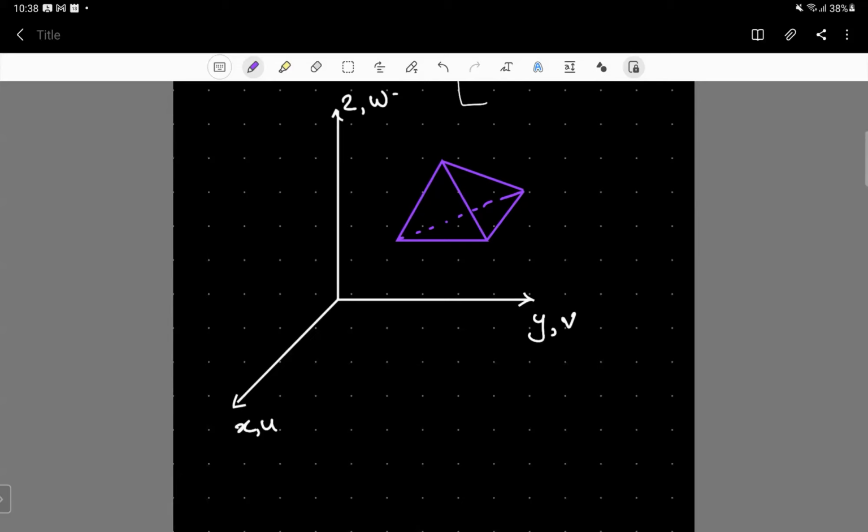Then we can number the other nodes 1, 2, and 3 in the counterclockwise formation. So if you use number 1 here, number 2 and number 3 can be written in this formation. When viewed from number 4, the first 3 points, number 1, number 2, and number 3, are marked in the counterclockwise formation. Why do we do that? We do it because when we calculate the volume, we don't get negative volumes.